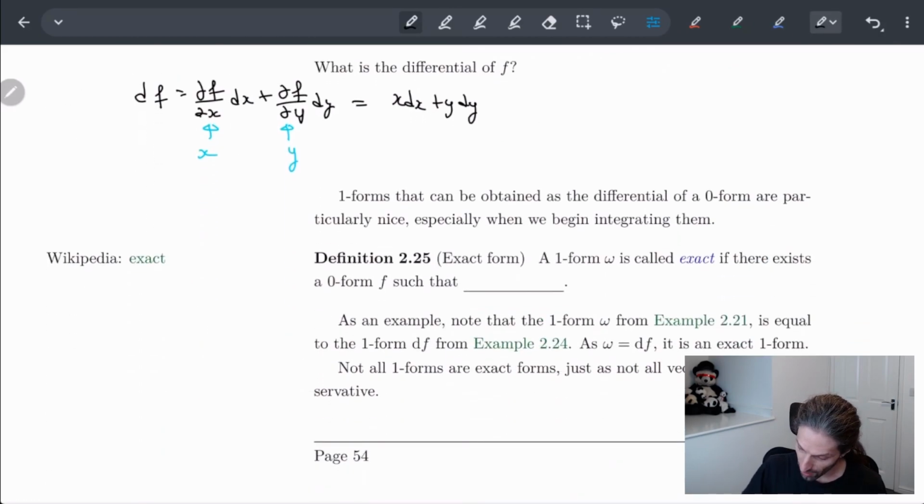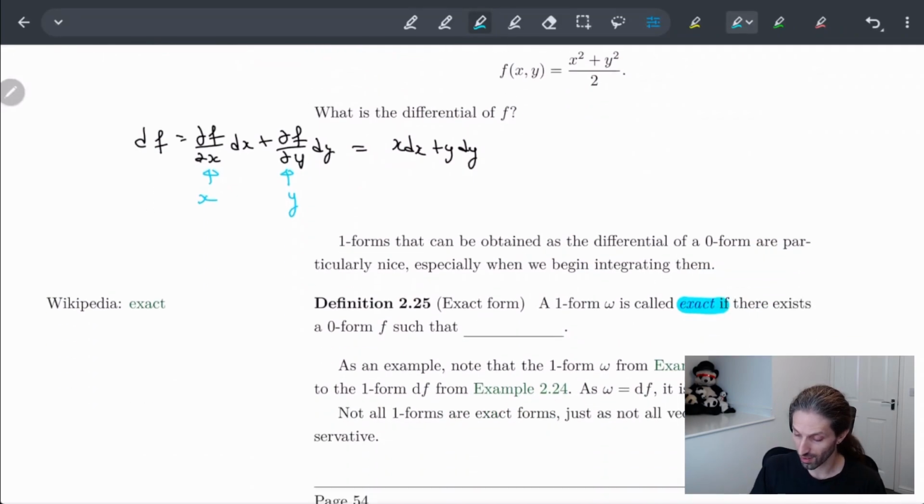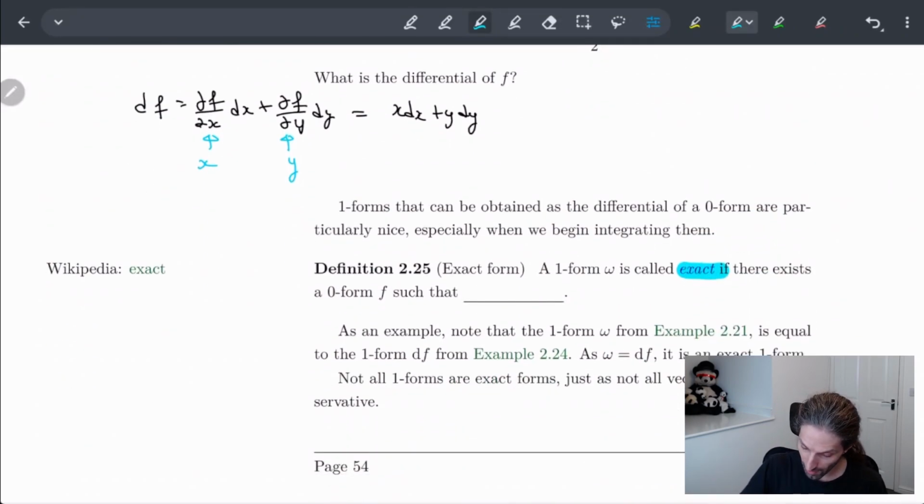So we're going to say that the one form is exact, because when we have a total derivative, this is a nice thing. We say the one form omega is exact if there exists some zero form f such that omega is equal to the differential of f.